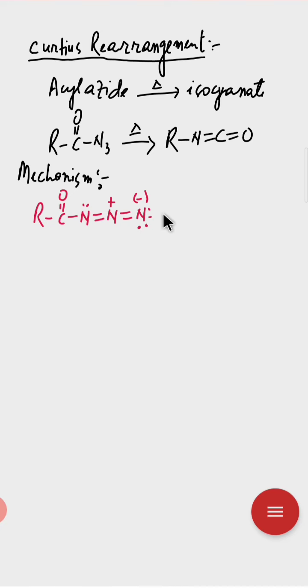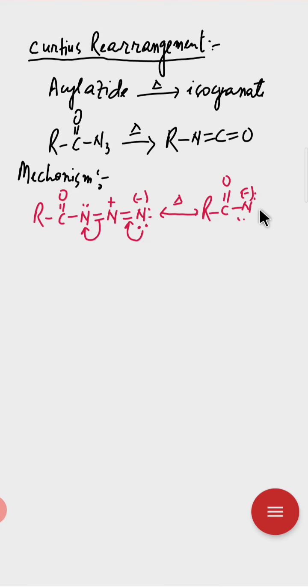Now if it is heated, then what will happen? These two electrons will form a pi bond here. This pi bond will be broken to go to this nitrogen, so we will get RC double bond O, and this will now carry a negative charge because it accepts two electrons, and this nitrogen will have two lone pairs of electrons now.